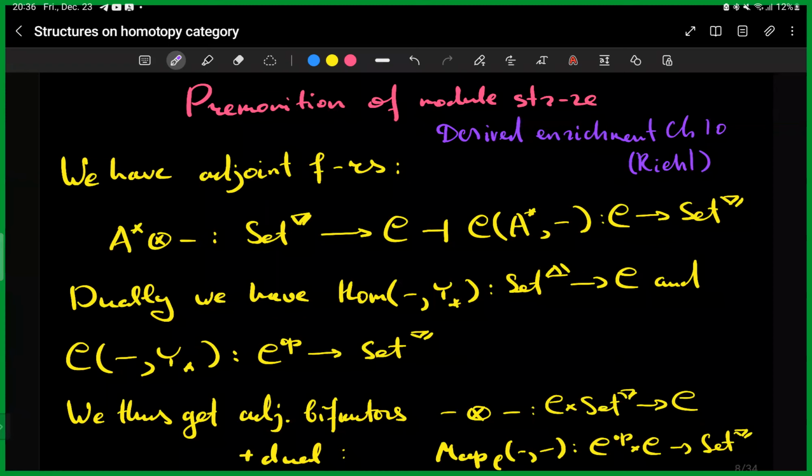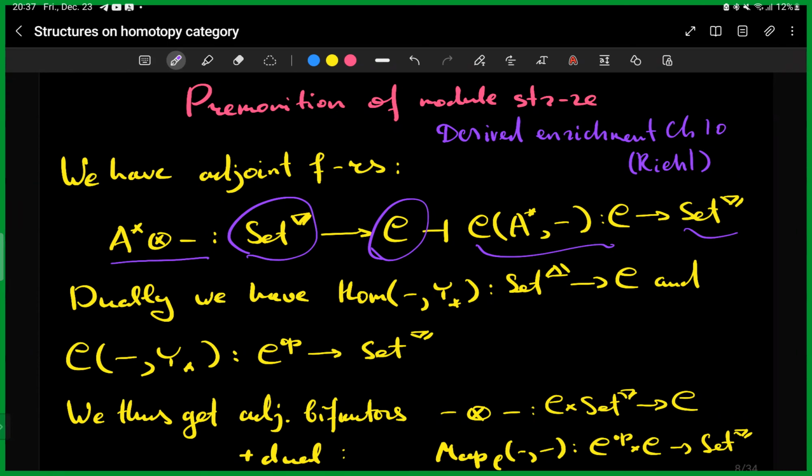So what do we get using these framings? Well, first of all, we get this functor which maps simplicial sets into our category, and we have an adjoint functor which maps our model category into simplicial sets. How does it work?